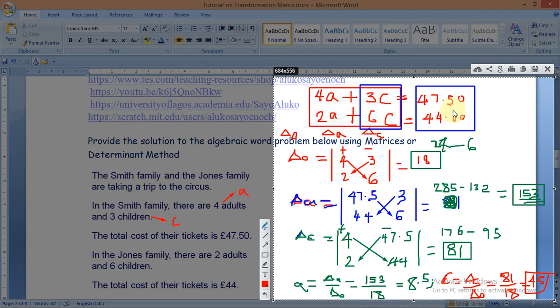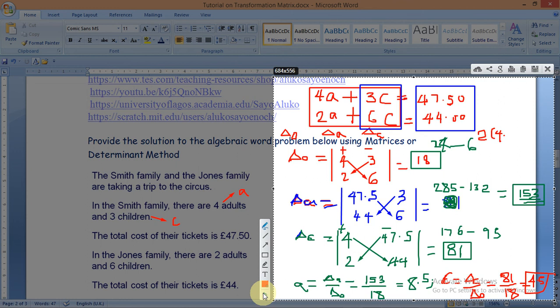Let me check the second equation. So 2 into A, my A is 8.5, plus 6 into C, my C is 4.5. Sorry about that.